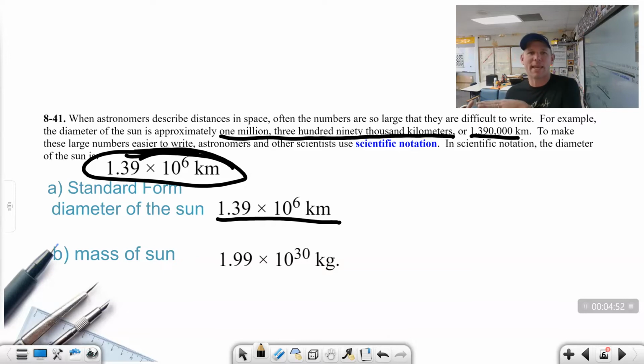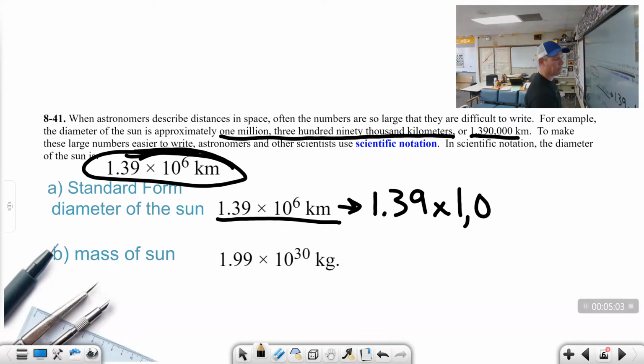And if I were to take this number and actually multiply it out, this means 1.39 times 1 million. Okay? That's what it means. When you are doing 1.39 times 10 to the 6th power, it means 1.39 times 1 million. 1 with 6 zeros.